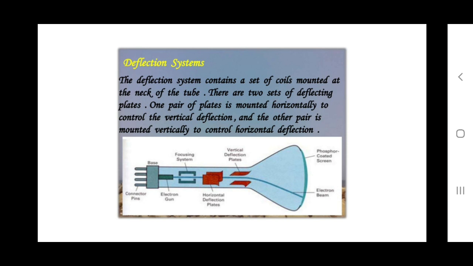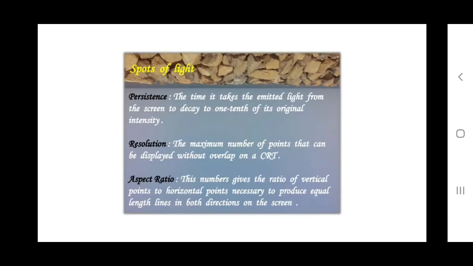The beam of electrons moves from the electron gun to the focusing system, then to the horizontal deflection plates and then to the vertical deflection plates, so that the image is placed at the center of the phosphorus coated screen. If the image is placed at the center, it shows a clear image instead of a blurred image.